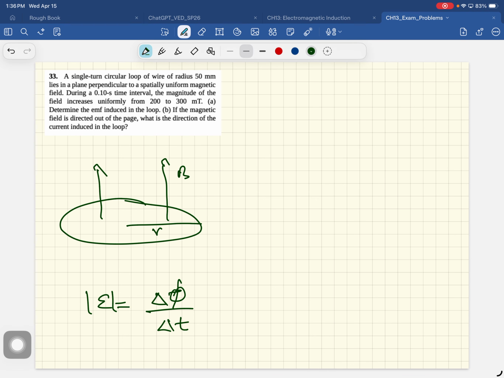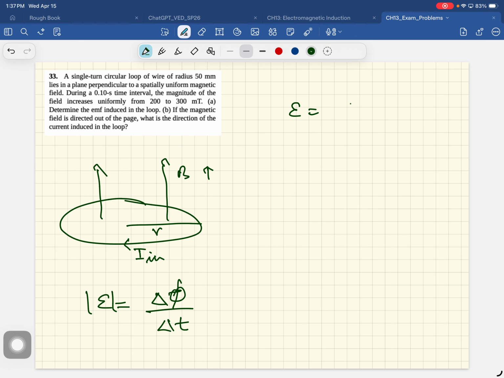Since the flux is increasing in this direction, you want to produce a flux in the opposite direction. So the induced current has to be like that. Again, stick your fingers in the direction of the current and your thumb points in the direction of the field.